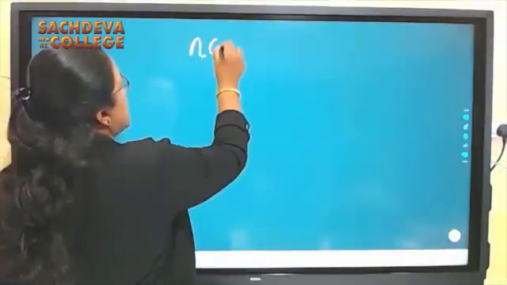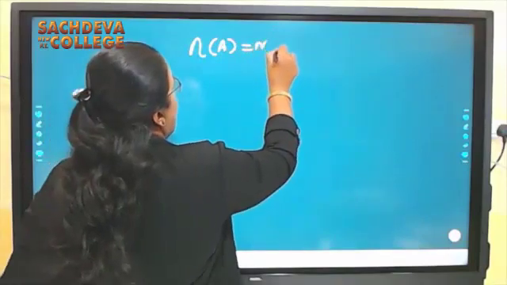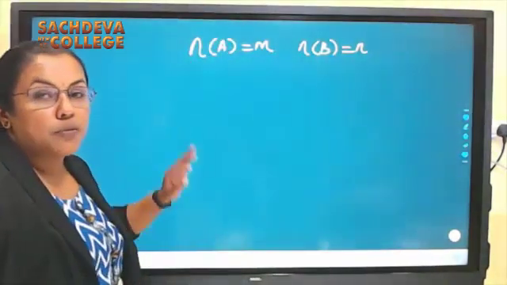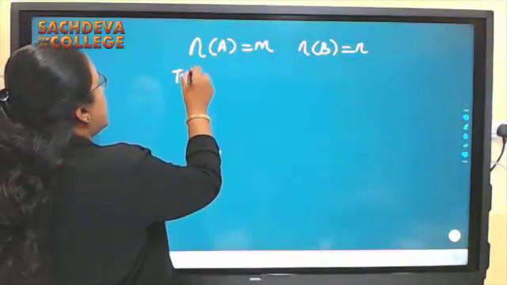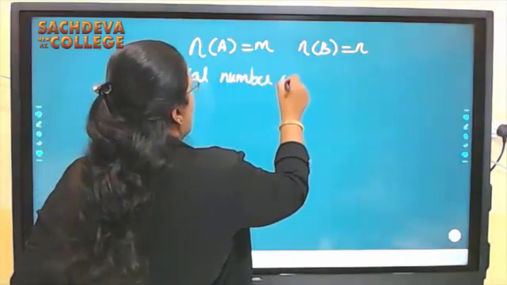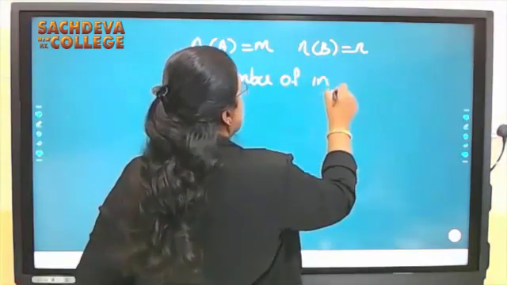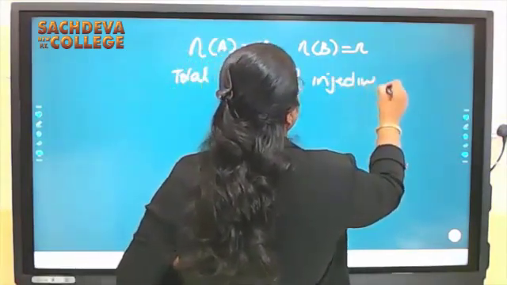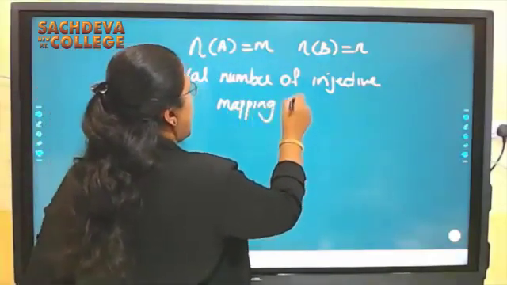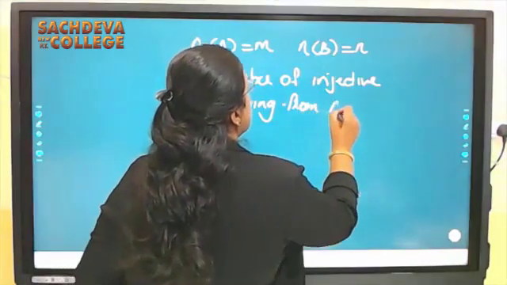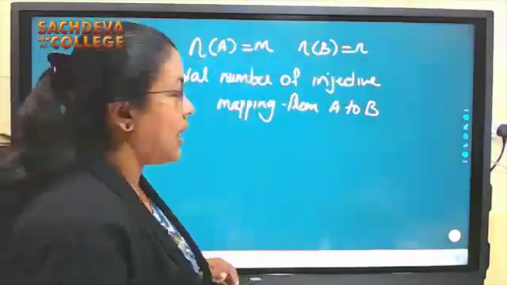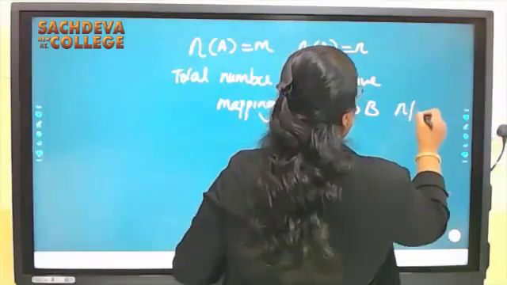If number of elements of A is equal to M and number of elements of B is equal to N, then total number of injective mapping from A to B is given by the formula NPM.